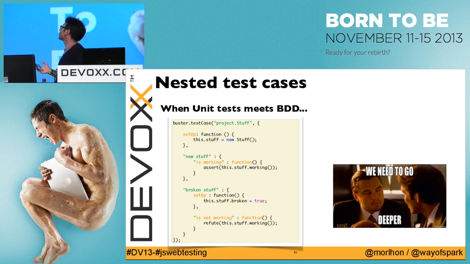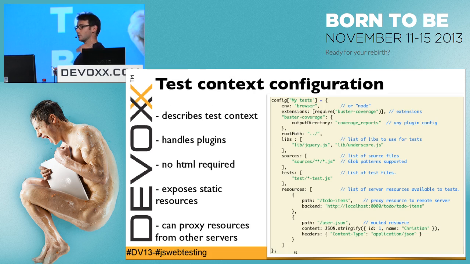Usually it's in the BDD format that you can describe something, then describe inside the first describe to specify. With Buster, you can do the same, but with the Unix format. You can define a first test with setups, then define another test which will be a suite, where you can define another setup and another test.